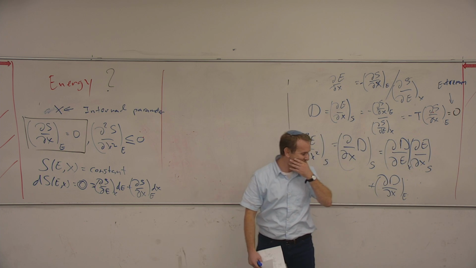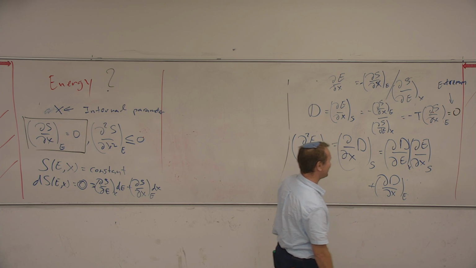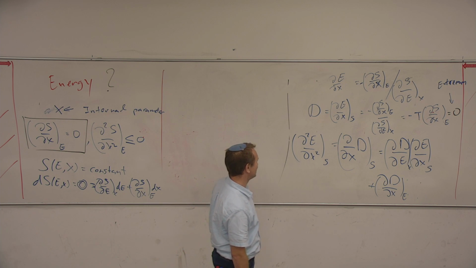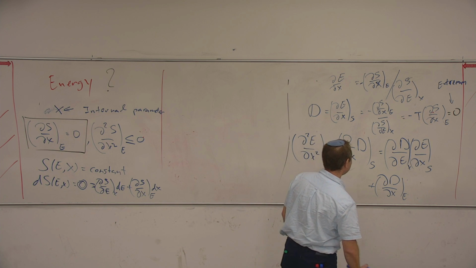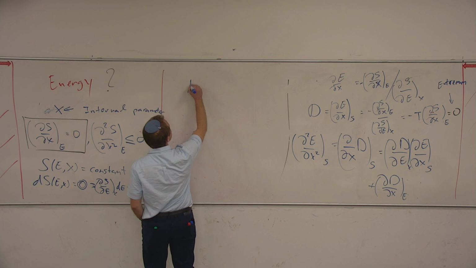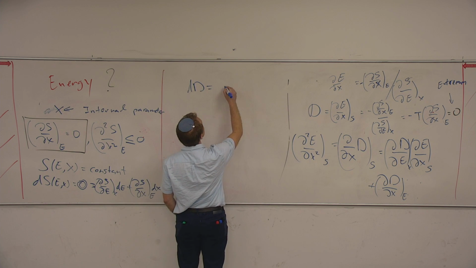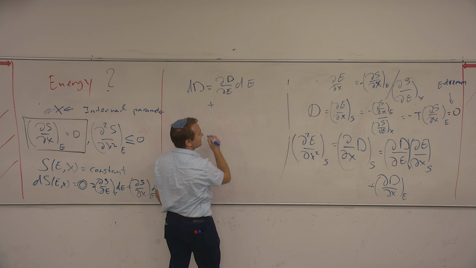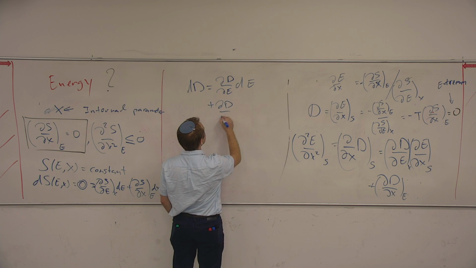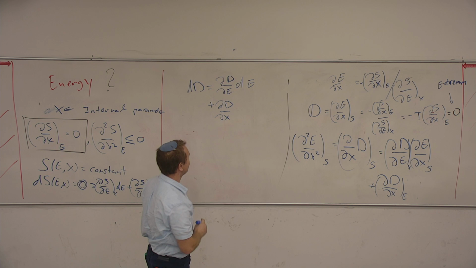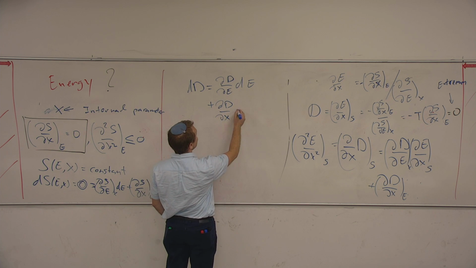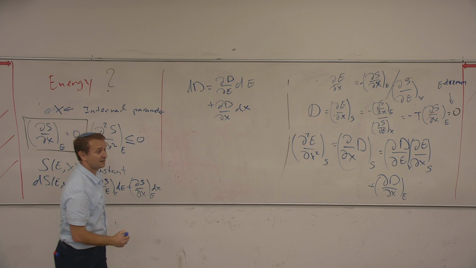Can you explain the S transition? Some of the transitions I understand, it's fine from a full derivative to partial derivative, but I don't understand the last part. dE plus the partial derivative dx. Right? This is correct? Yes?